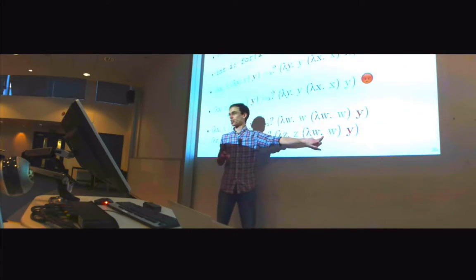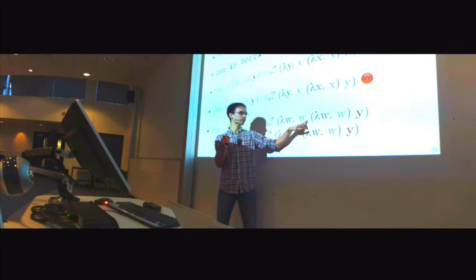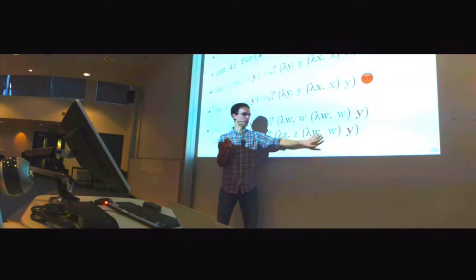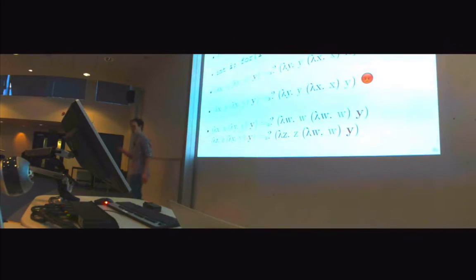This w I didn't change because I said only change the free occurrences of the w's inside this term. So this one's bound, so we don't touch that. And now we're getting a bit of progress because now both terms begin with lambda z dot z. This is good. Now we've got another discrepancy here, lambda y and lambda w. So again, same trick.